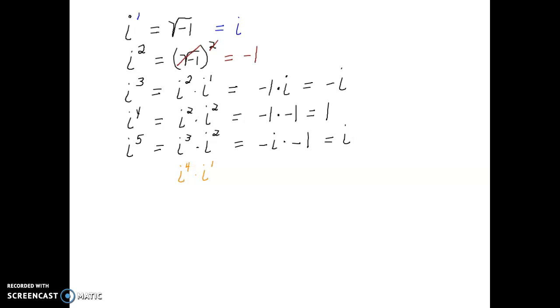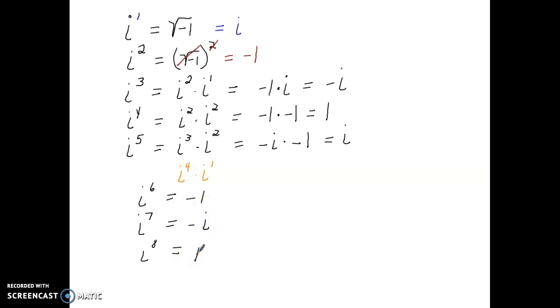Now if I continue on with i to the sixth power, the next value that I get would be -1. If I do the same thing with i to the seventh power, I would get -i. Then if I do i to the eighth power, I'm going to get a +1.